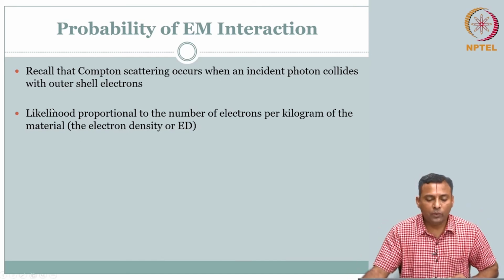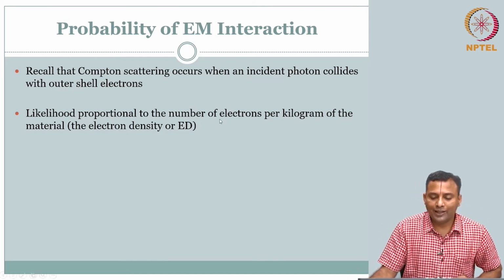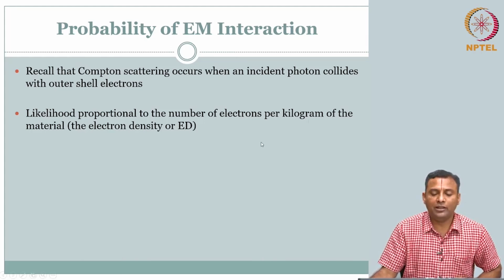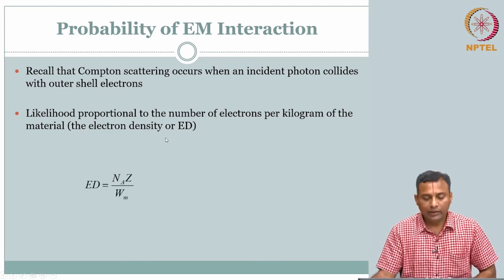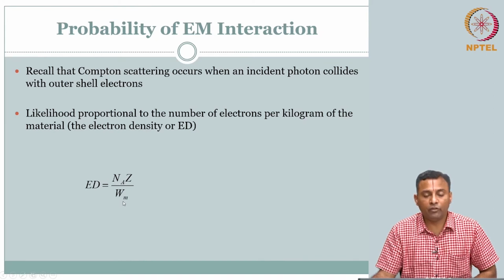So, the likelihood is proportional to the number of electrons per kilogram of the material, or the electron density. What is electron density? You have the number of atoms in a mole, and then your Z, and then your weight in mole.